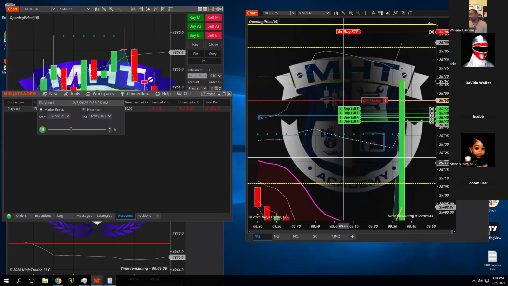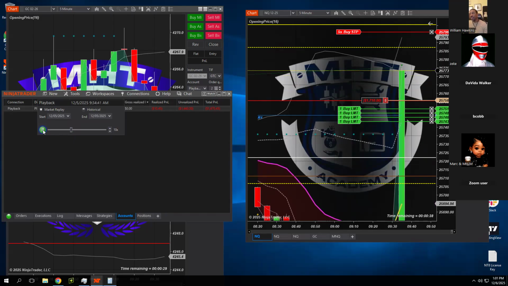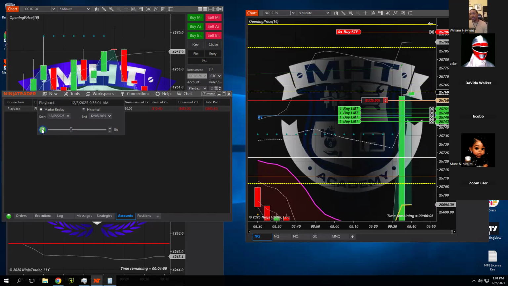Order canceled. Let's fast forward because it was the next candle that did it anyway. We got a minute left. This is one of those situations where if you have cushion in your account, you don't mind because it's going to go your direction anyway.